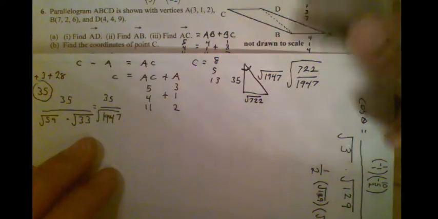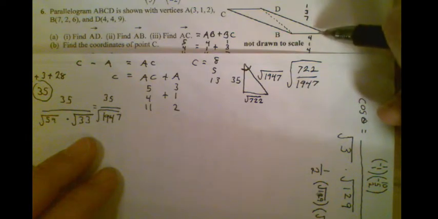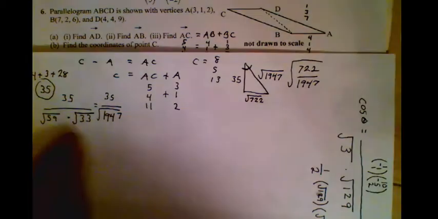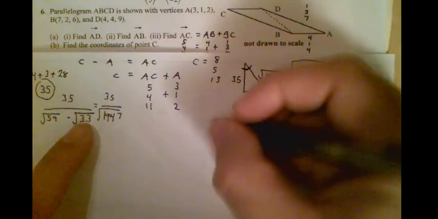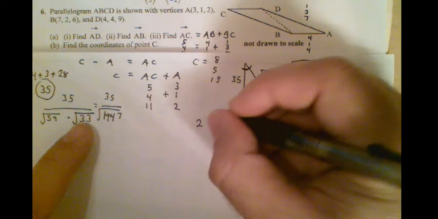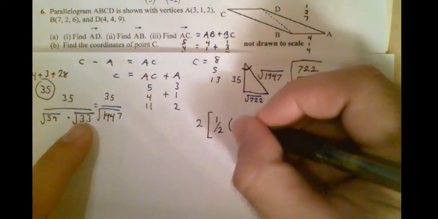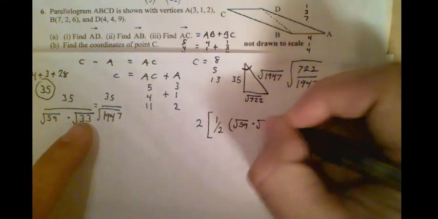So now remember, I'm doing 1/2 A times B times sine C. We already know that those lengths are the rad 59 and the rad 33. Remember, length is magnitude. So those are the two lengths of the two sides. I'm going to double this because I got two of these triangles. So I got my 1/2 times my two sides, which we already know.